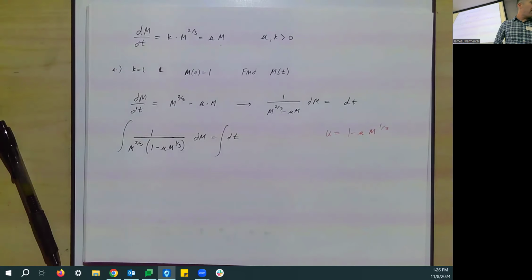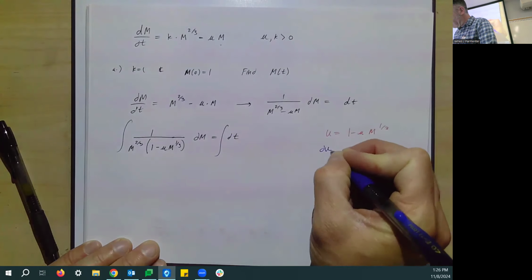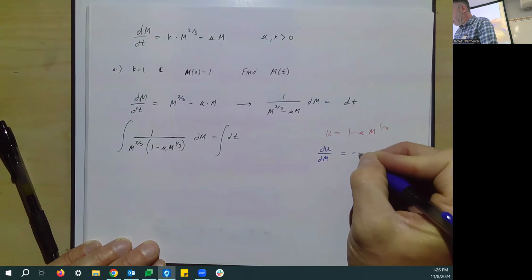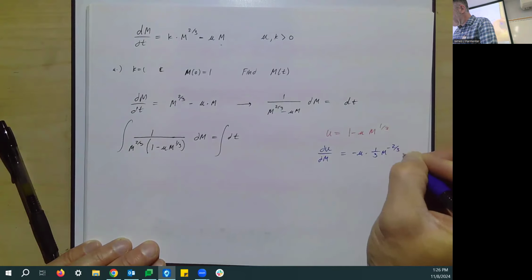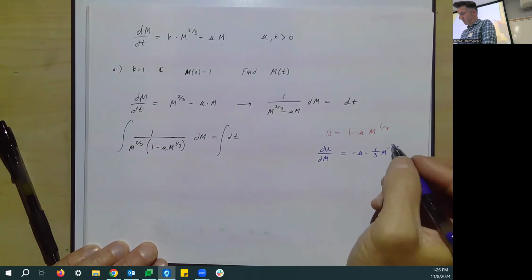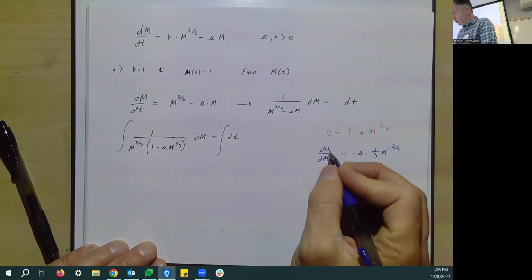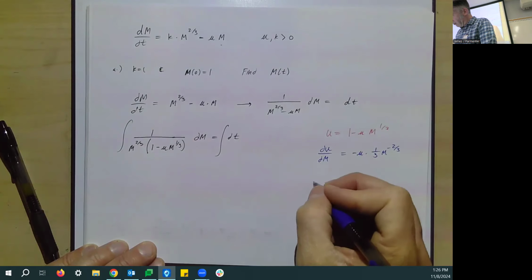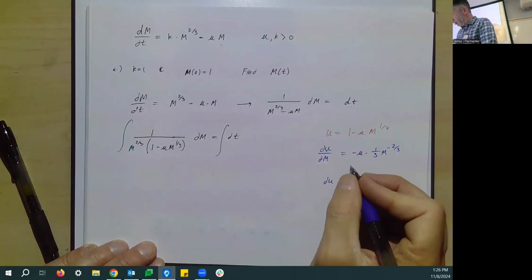What's going to happen now is that we take the derivative, and du/dm is going to equal negative mu times 1/3 m to the negative 2/3. Leaving this on that side, and don't confuse my u with my mu, they're different, I'm going to have du times 3 divided by mu.